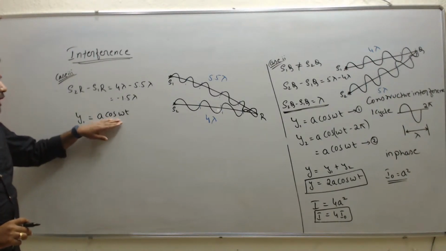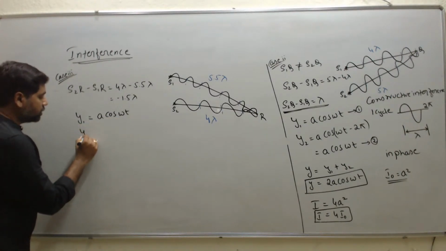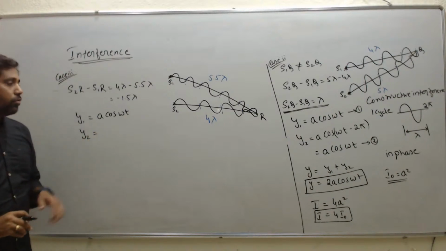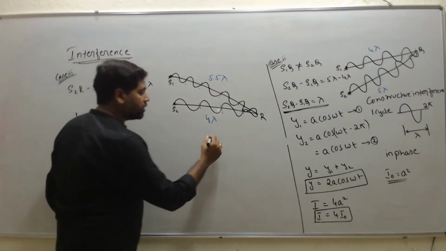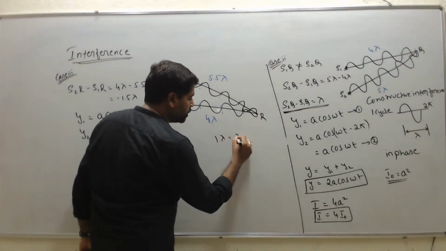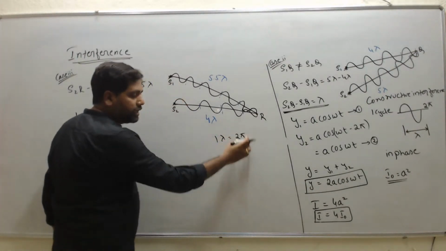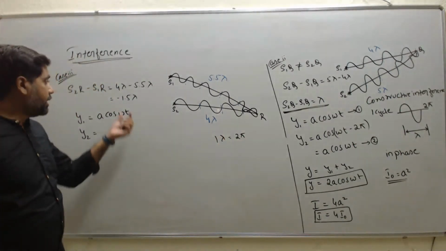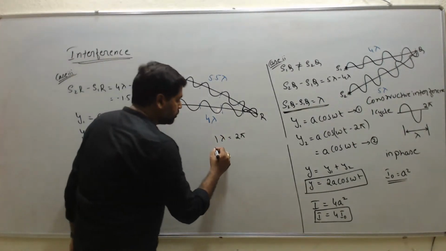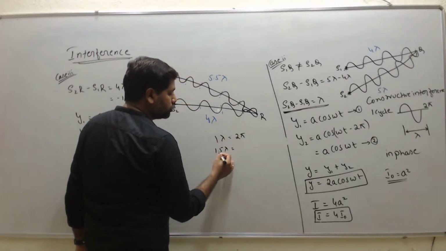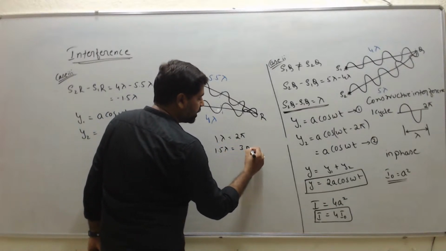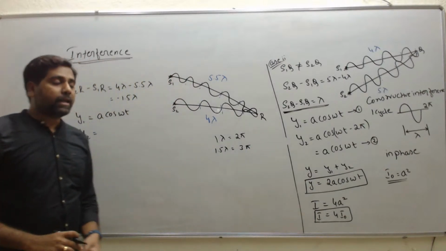For the second one, y2, here 1 lambda corresponds to the difference of one cycle, that is 2 pi. Here we have 1.5 lambda, so 1 lambda is 2 pi, then 1.5 lambda gives 3 pi.